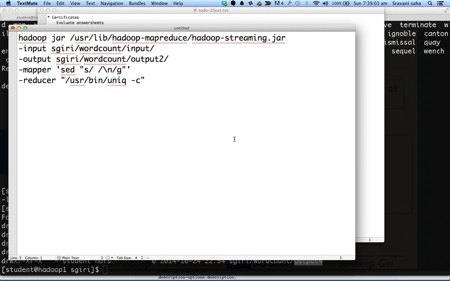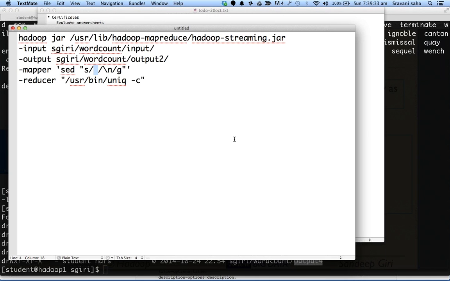Good. Now let us see. This is our input file. This is our output directory. This is our code, the mapper, whose duty is giving us the key and the value. Here the value is null because it is converting the input into simply a key and nothing, because it is replacing the space by a new line.